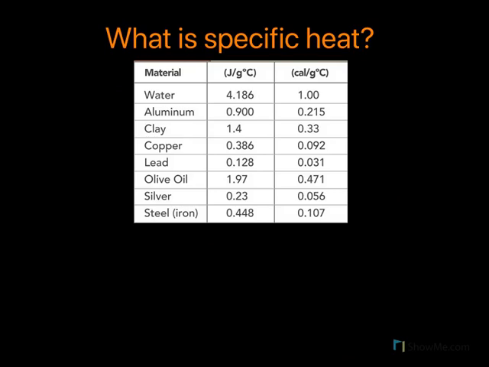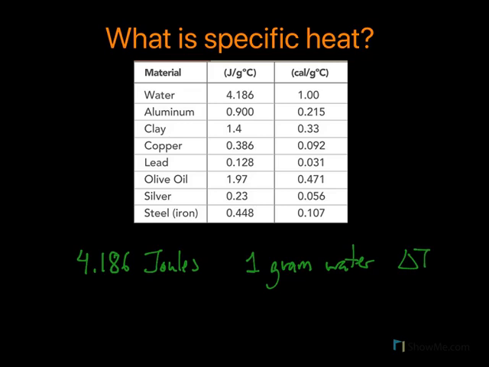Okay, now we have a table here which shows the different values of specific heat in joules or calories for different types of material. So for example, for water it's 4.186. So you need basically 4.186 joules of heat to raise 1 gram of water to a temperature change of 1 degree.